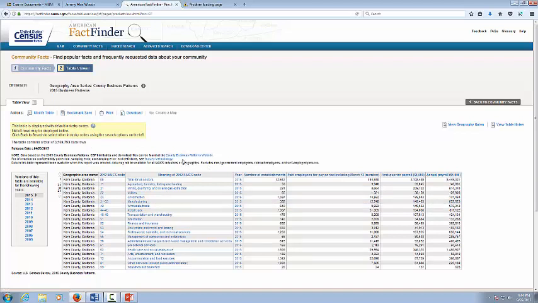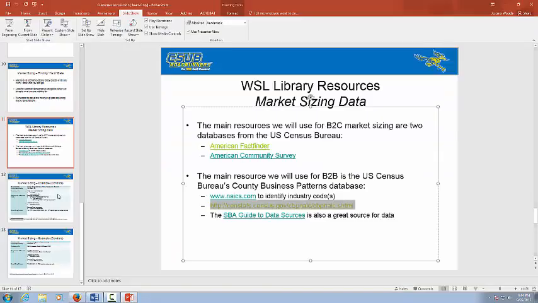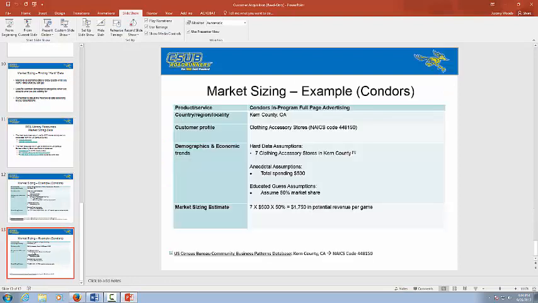There's a different report besides this that gives us 6-digit categories. For the 2-digit categories, the report is here. The 6-digit category report that I used found 7 clothing stores in Kern County, clothing accessory stores.